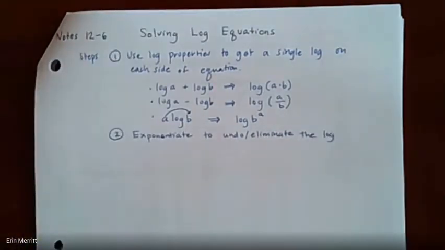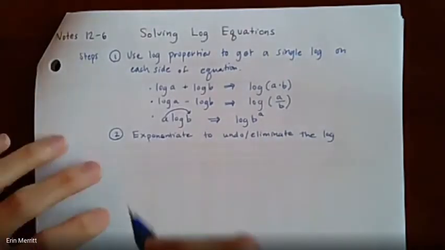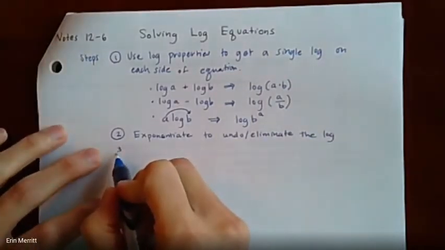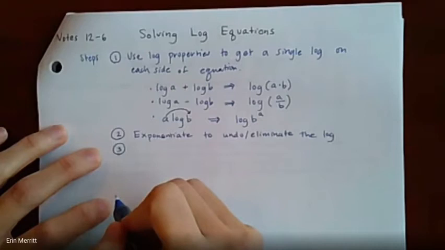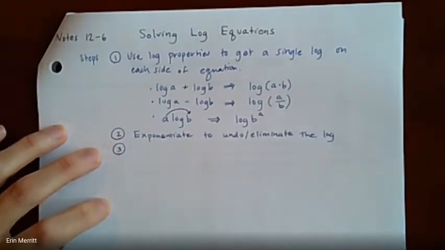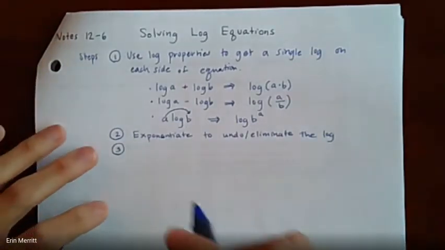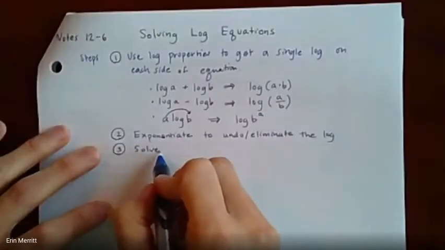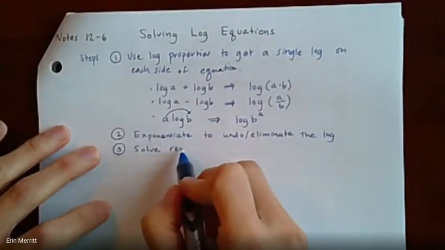So we're going to take it from a log equation to just a basic old equation by getting rid of the log. And then the last step, step three, whatever equation you have left, you're going to solve that. So you're going to solve the resulting equation.